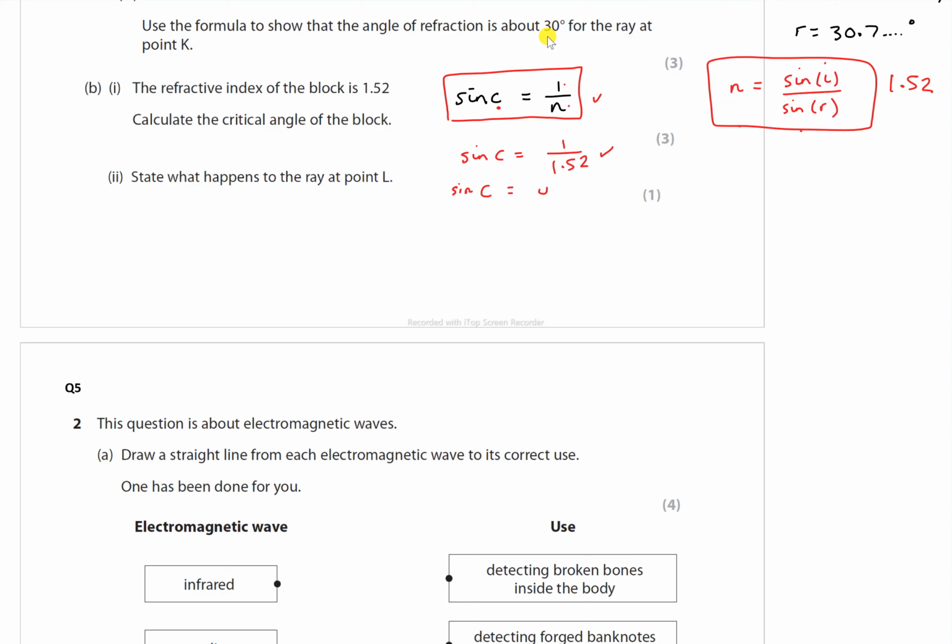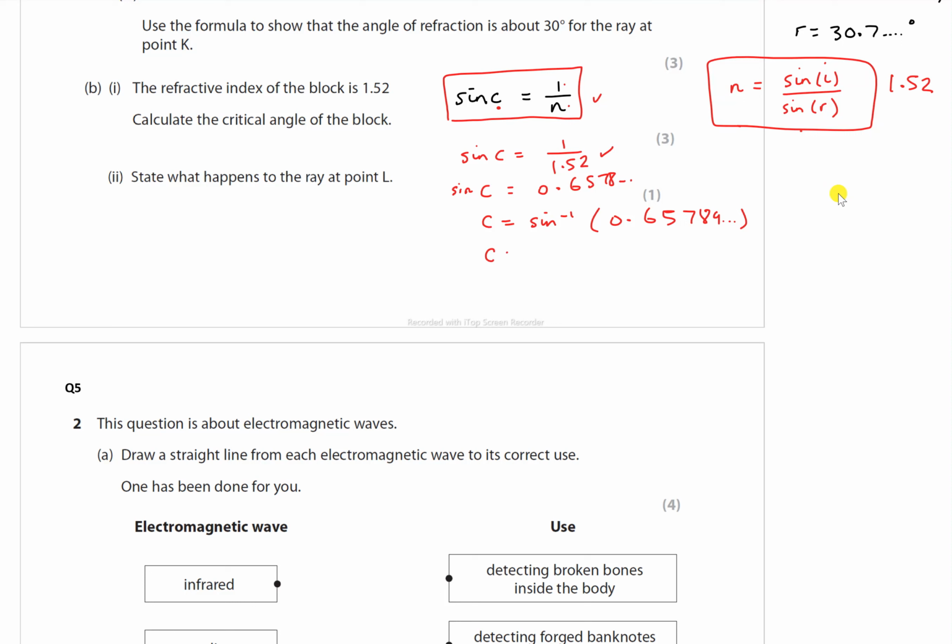So we can say 0.6578 dot dot dot. So then we write down c equals sine to the minus 1, because students always get this bit wrong, so they're really fussy, and rightly so.